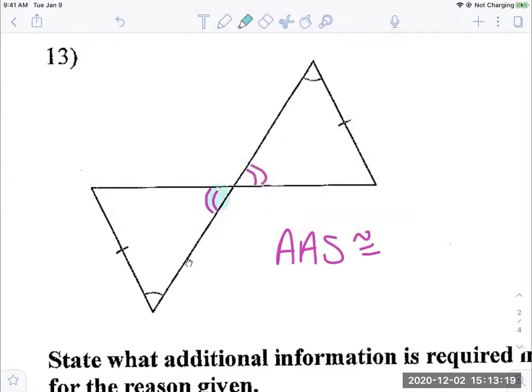You have two angles and this side is not included. It's not angle, side, angle, because angle, side, angle would go angle, side, angle. But that's not the side that we know. It's two angles followed by a side, not two angles with a side between them. Angle, angle, side.